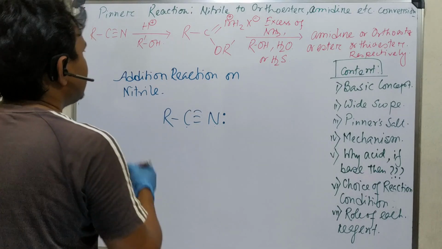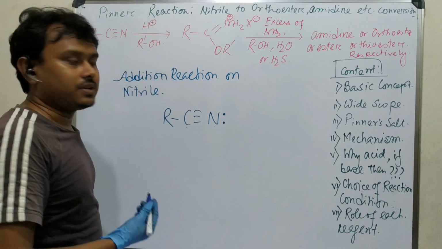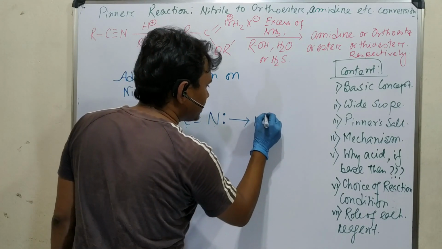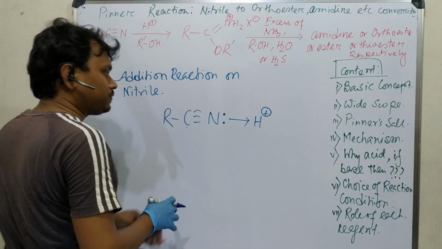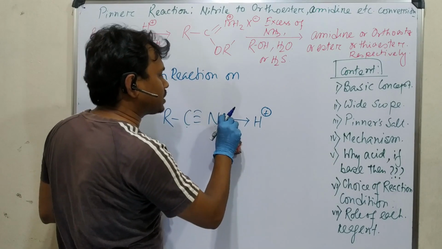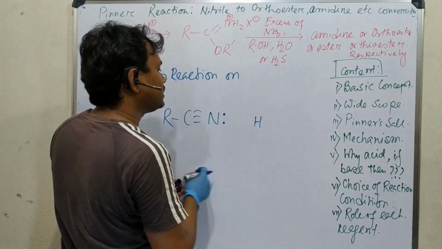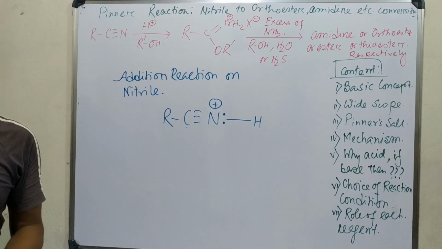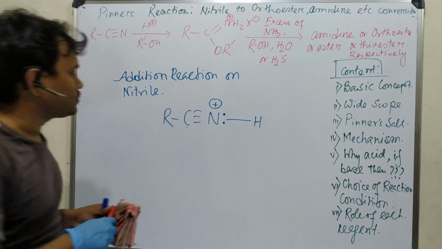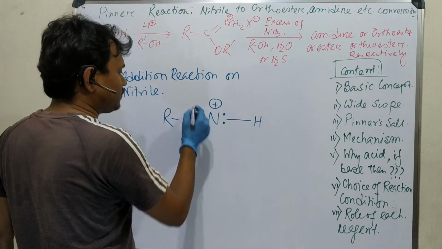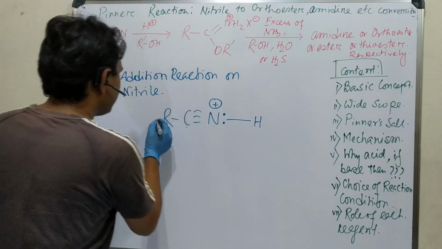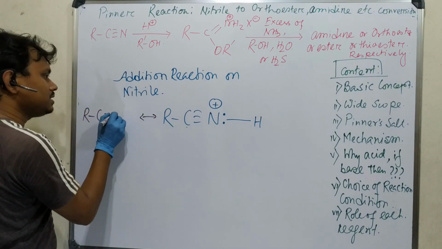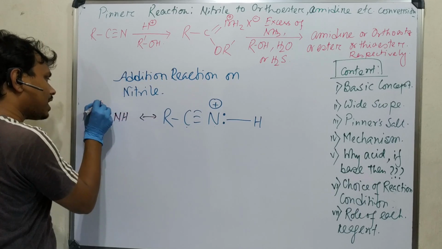So what happens? See, acid is given. So what is expected? It will protonate the nitrogen, the nitrile giving its electron pair to the proton, and the positive charge will come on the nitrogen. And if this nitrogen is positively charged, the electron deficiency of this carbon will arise. How? Because it will have another canonical form, that is R-C=NH with carbon plus.